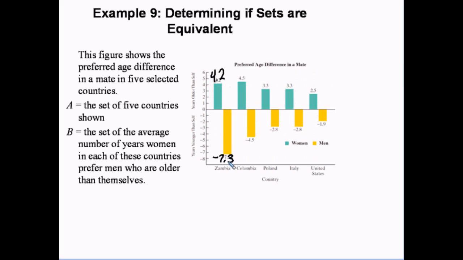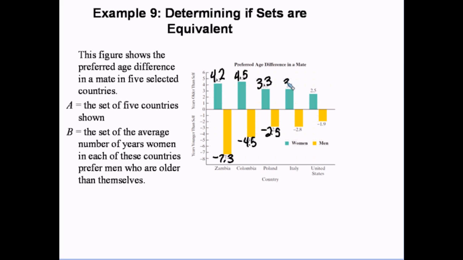1.3 years younger. There's a miss there. Okay, in Colombia, girls like guys that are about 4.5 years older, and guys like girls that are about 4.5, good. Okay, in Colombia, they go okay. They meet. In Poland, 3.3 years older or 2.5 years younger.